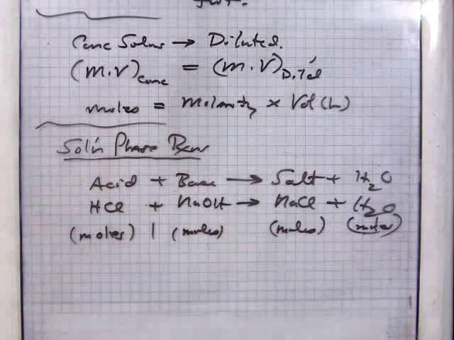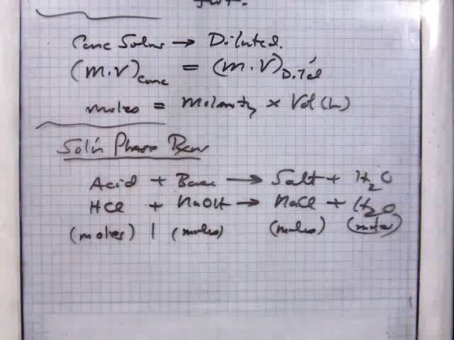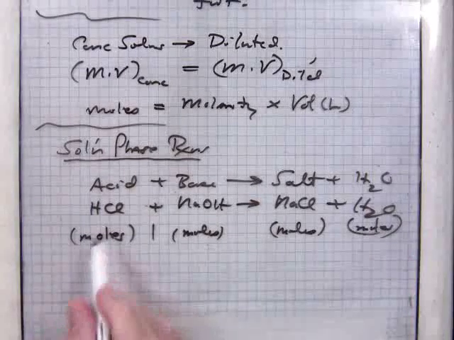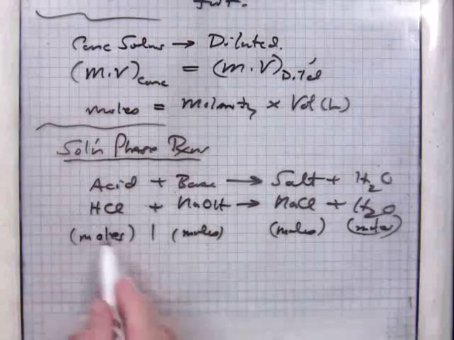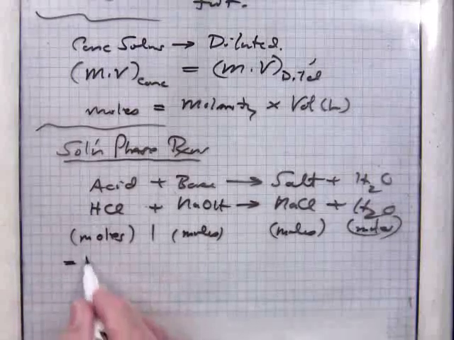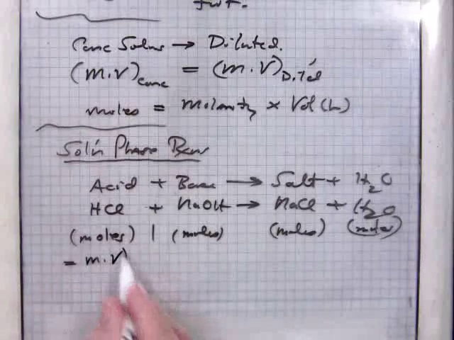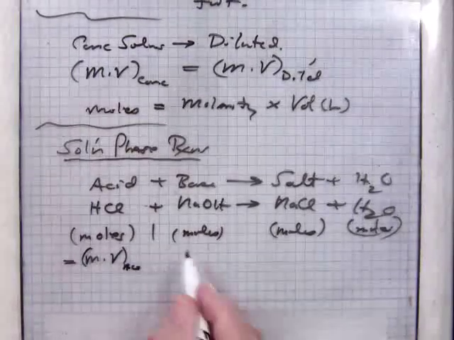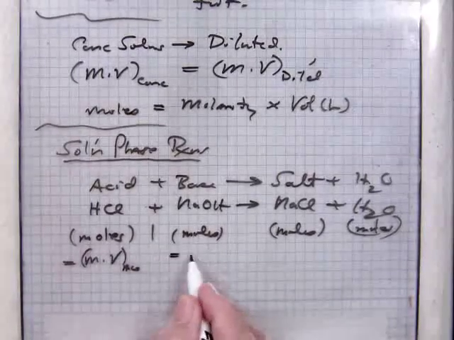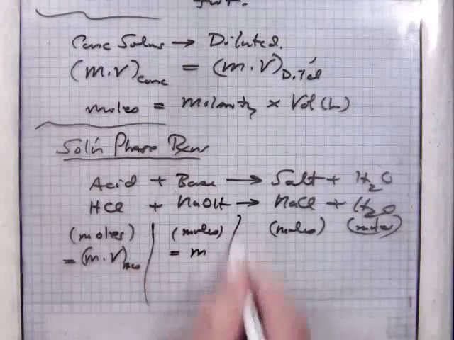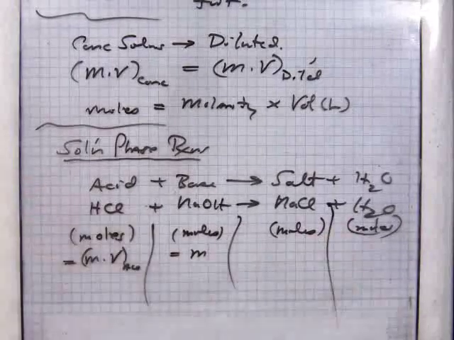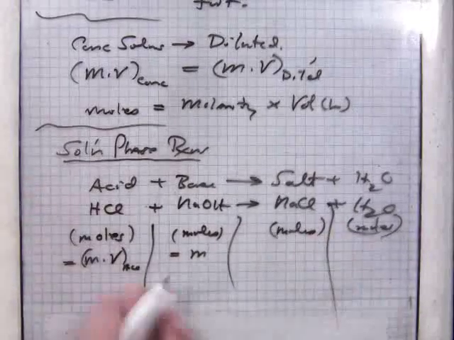That also means molarity times volume. So whatever you have in moles is equal to molarity times volume of, say in this case, HCl, and equals molarity, now we're talking about separate things. We're not putting equations together yet.